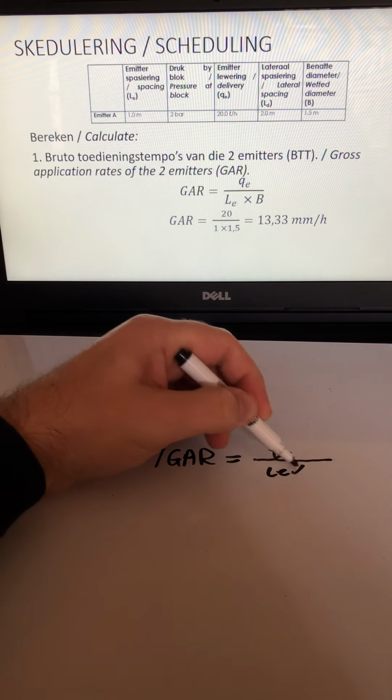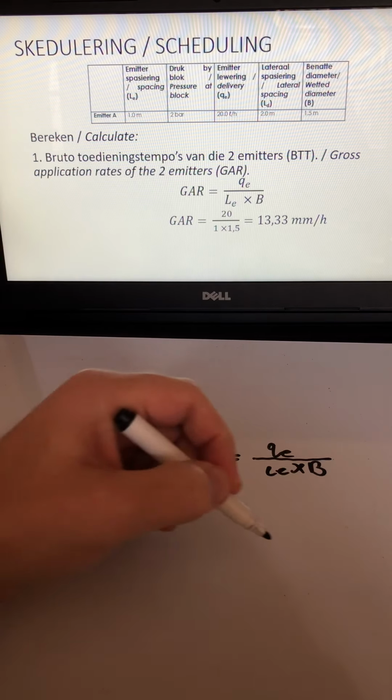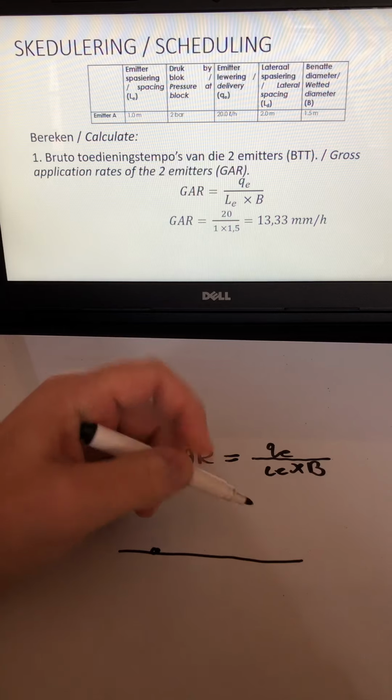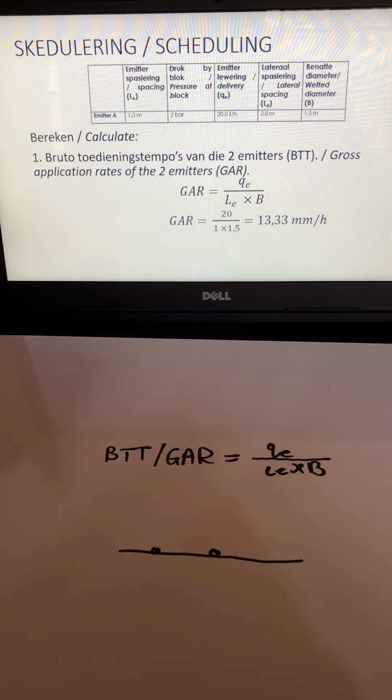So to give you an example of what this looks like, if you've got a line, a dripper line, and here you have a hole, there you have another hole, and maybe another one.